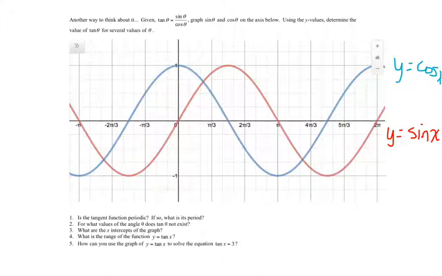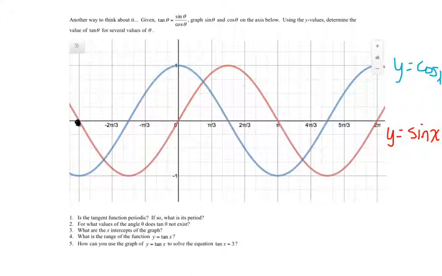If I start over at negative pi, the red value is 0, the blue value is negative 1, and 0 divided by negative 1 is 0. So I can plot a point here. Now, looking at the next easiest one, that's here.